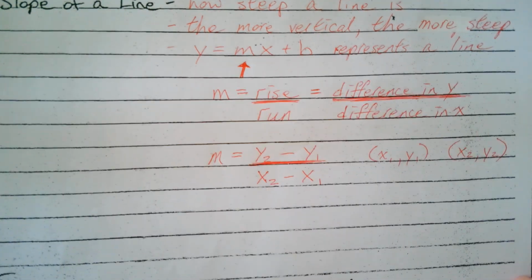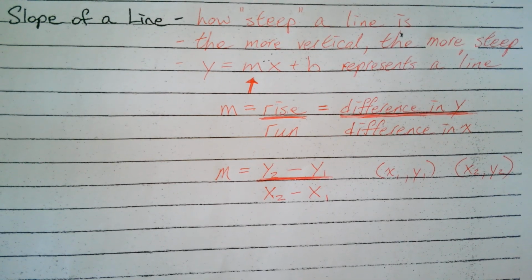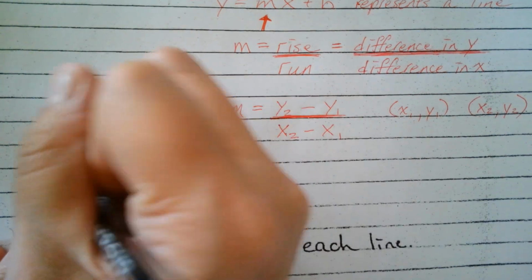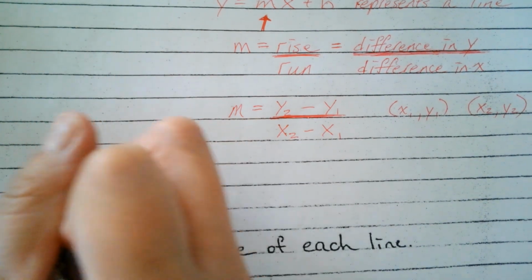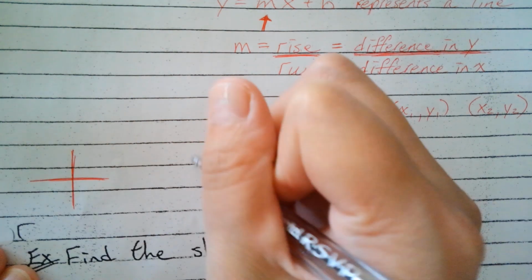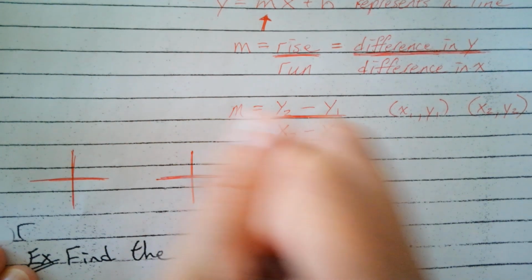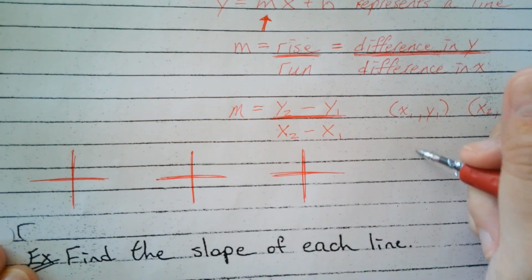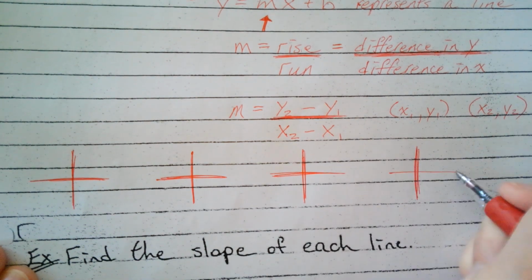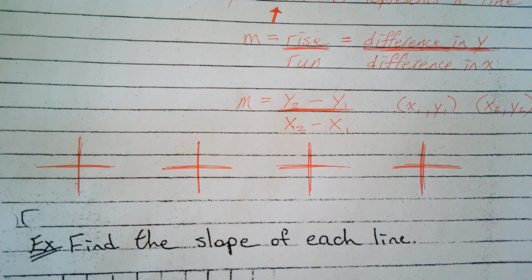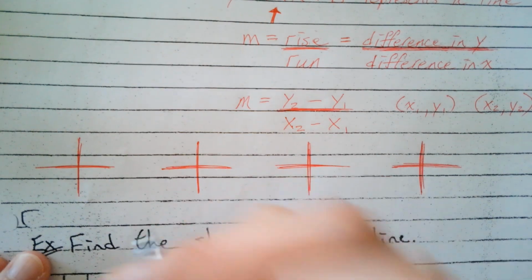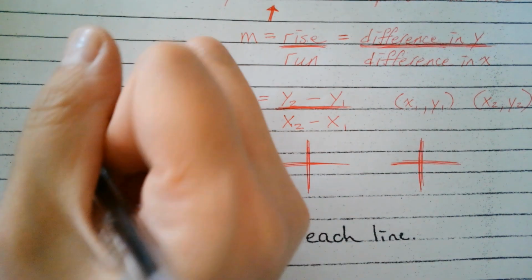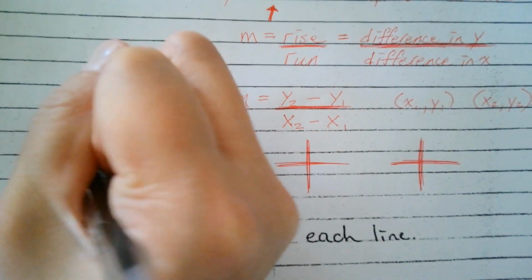Okay. So, in terms of slopes, let's draw a few diagrams. I'm going to draw 4 lines: 1, 2, 3, and 4. If you have a line going this way, we say this has a positive slope.